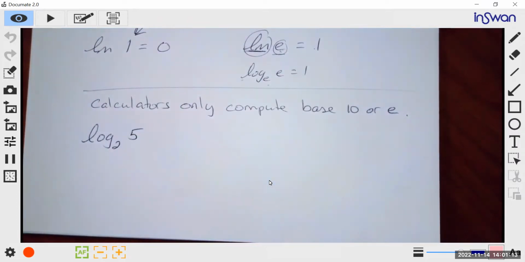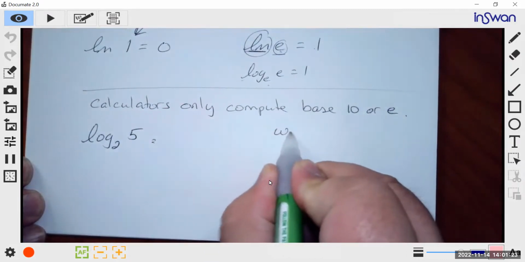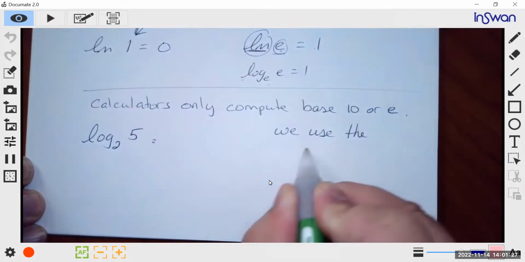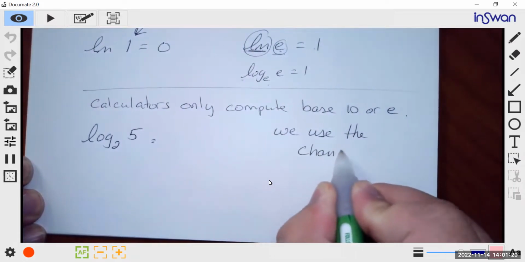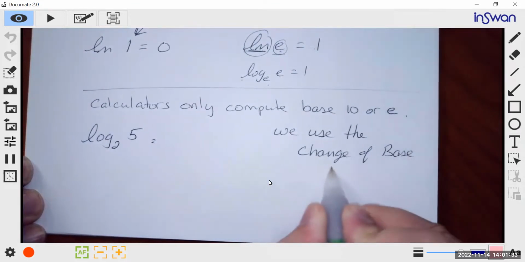How would I solve for that number? We use the change of base formula.